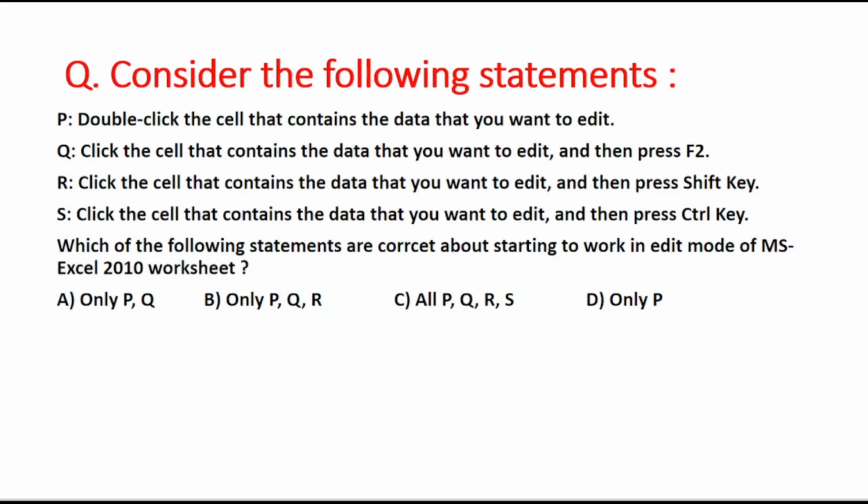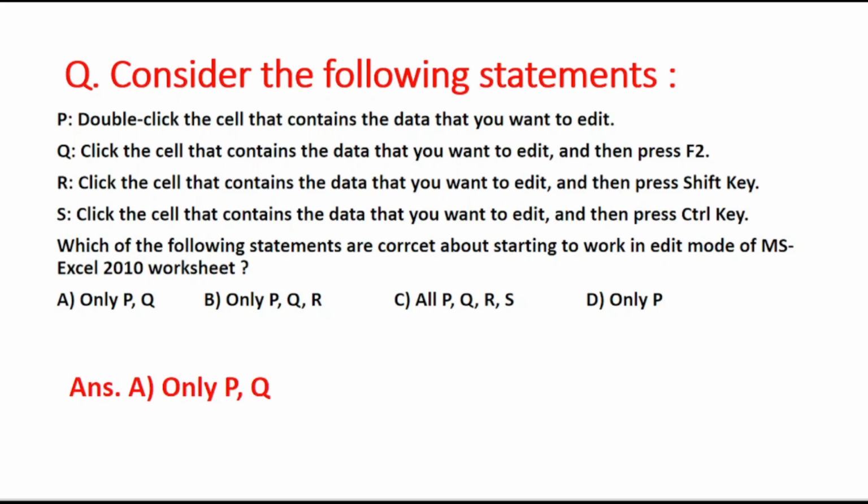And S statement is, click the cell that contains the data that you want to edit and then press Control key. Okay, so which of the following statements are correct about starting to work in edit mode of MS Excel 2010 worksheet? Simply, here the question is about what ways there can be to edit any cell. So here are 4 options, and we have already covered this in different ways in previous questions.